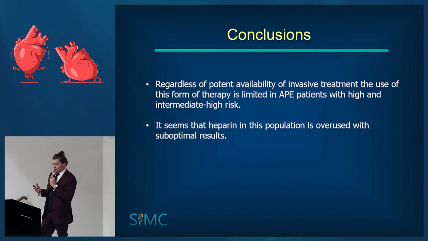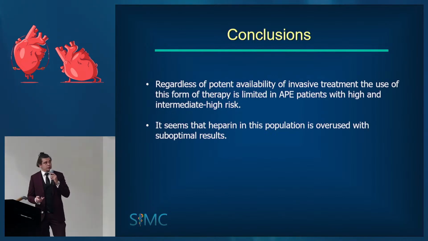The use of invasive treatment by PERT for patients in acute pulmonary embolism is limited. The dominant treatment option is the use of heparin. A possible explanation for that is that PERT is a relatively new initiative in our unit, so there's still a lot of experience to be gained.